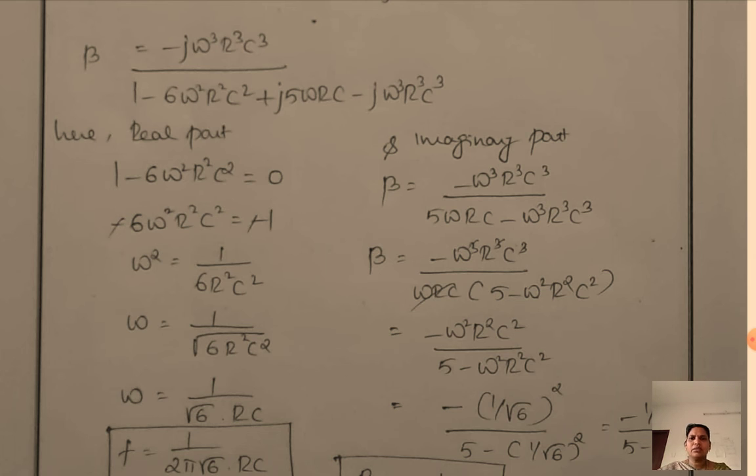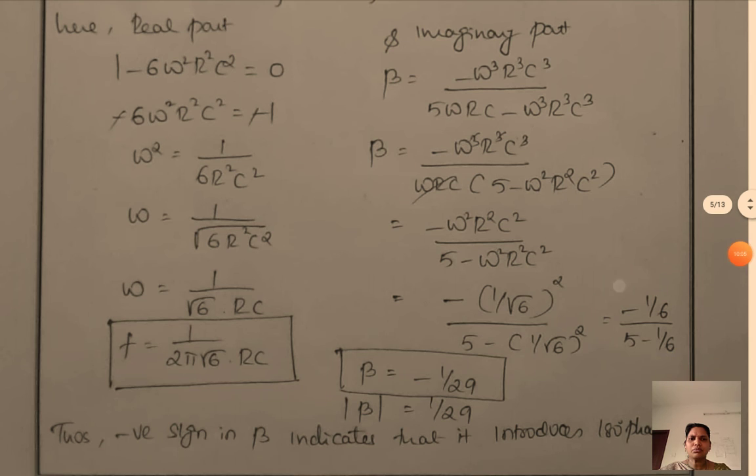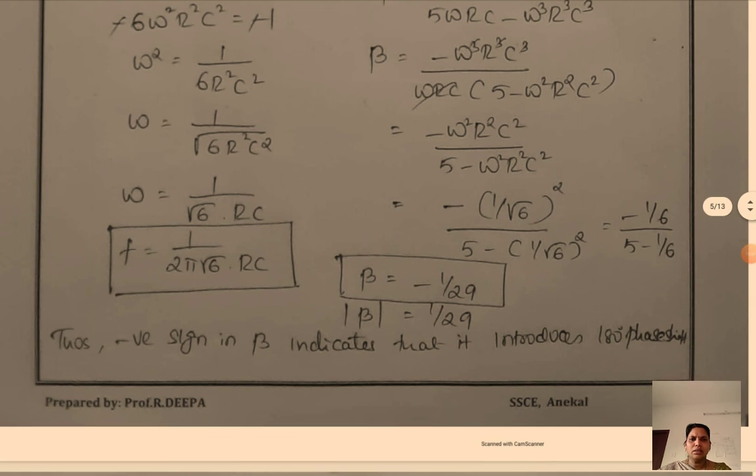On the other side, I am considering the imaginary part of beta. Again I am simplifying it. And as we know, omega we have just derived is 1 divided by root 6 RC. This is substituted here in beta, wherever we have omega, and after simplifying we get the final value of beta as minus 1 by 29.